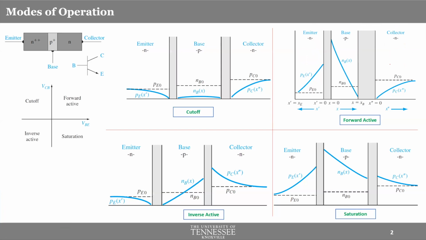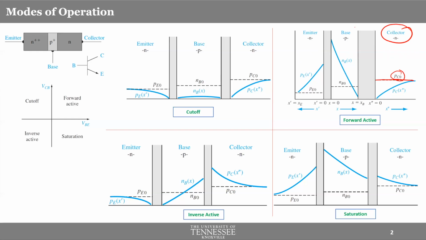See, this guy, the collector, has the highest minority carrier concentration because it was the least densely doped. Least densely doped means it had the least levels of majority carrier electrons because it was not doped high enough, right? And because of that, it had a higher degree of minority carrier.